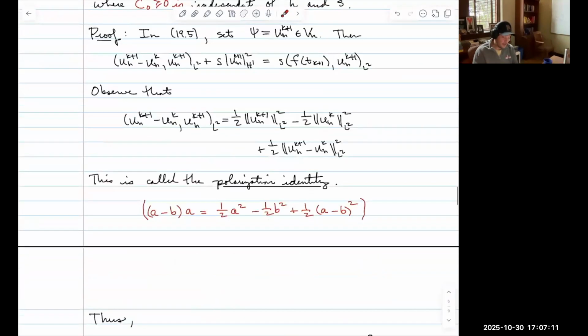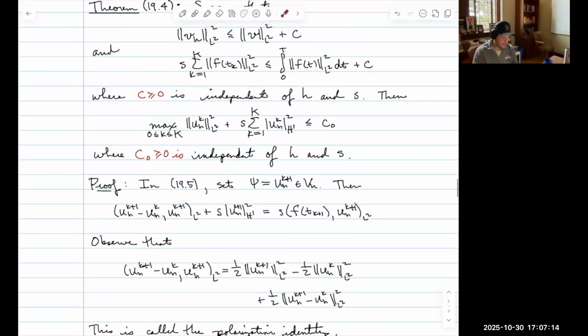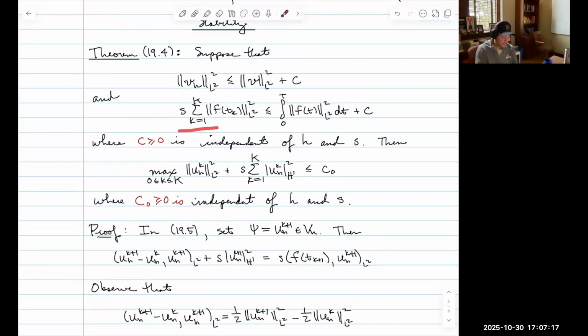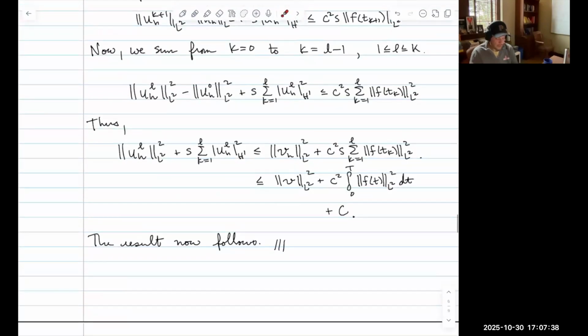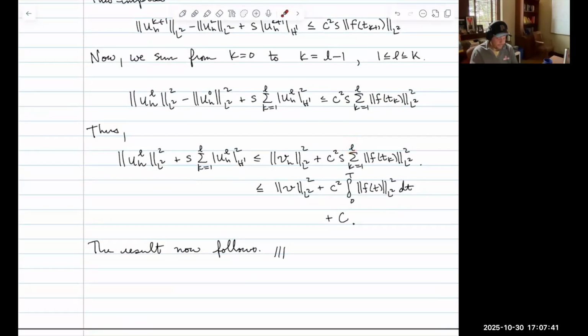Then I'm going to use my assumption. My assumption was that the maximum possible value is going to be L equals capital K. And now I'm going to use my assumption that that is well approximated by the full integral plus some error constant, which is independent of h and S. All right, so I increase this up to capital K. Then I can replace this part by an integral plus a constant, but then I have a c squared times that constant.